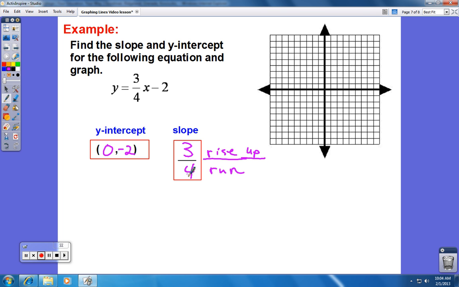And because 4 is positive, we're going to run to the right. So let's first plot the point (0, -2), which is our intercept. From that point, we go up 3, over to the right 1, 2, 3, 4. That's the second point on the line. There are 2 points, there's the graph of our line.